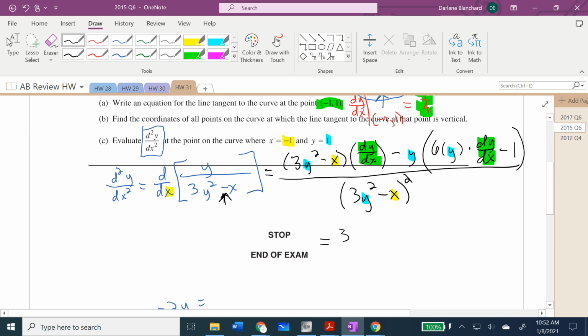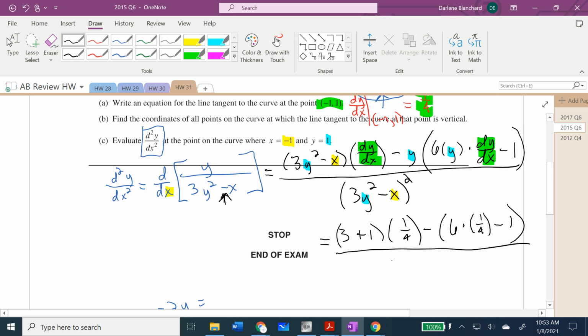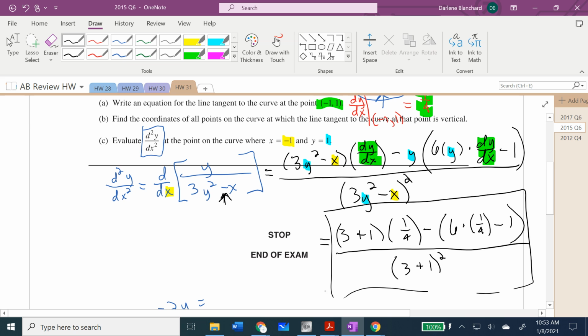So if y is 1, minus negative 1, and once I have plugged the numbers in, however I have it at that point, just hands off and done.